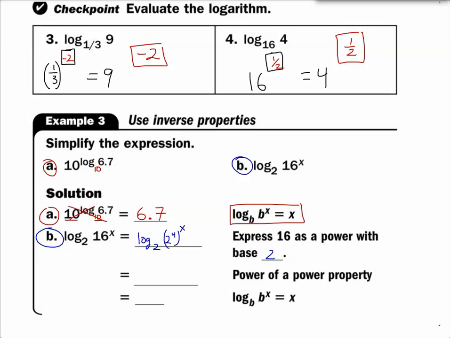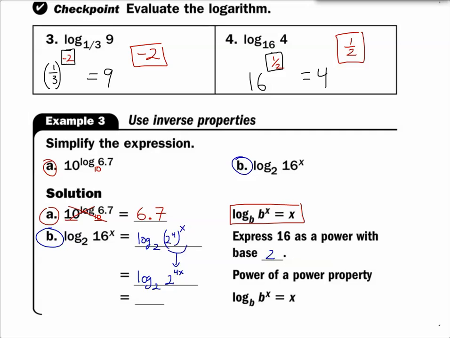Okay. Now we're going to use our property of 2 to the 4th to the x. That's 2 to the 4x. Power of power means you multiply the exponent. This should be old hat for you. The fact that it's inside this log doesn't have anything to do with anything. So you just kind of rewrite the log base 2. Don't sweat it.